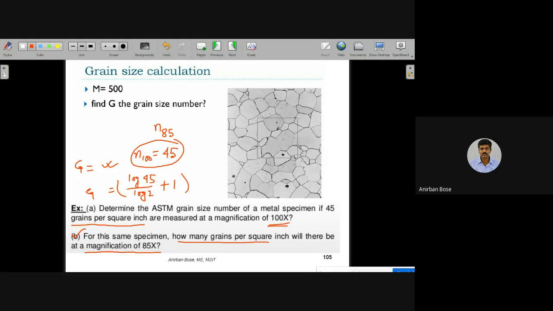The relation between N100 and N85 is N100 is equal to N85 into M by 100, whole square. Simply use this formula and find the number of grains at 85 magnification.